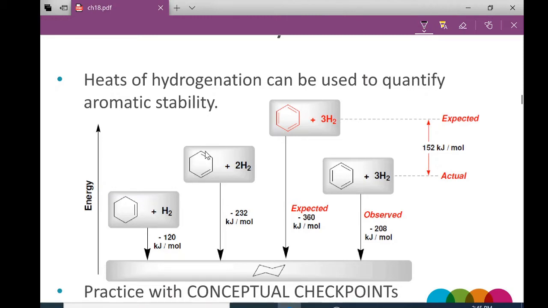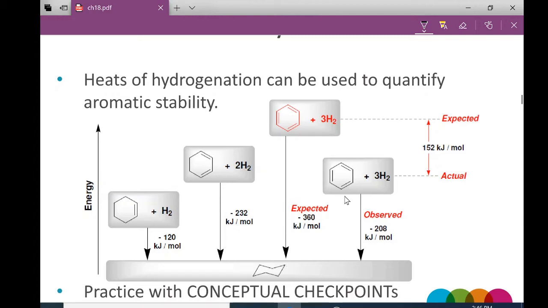If we have two double bonds, notice that these are conjugated, and we hydrogenate both of them, then we get out a little less than twice the energy that it takes to hydrogenate a single double bond, okay? So it would be 240 if it was double, but you see we get 232, so not quite double. We would theoretically get about 3 times the 120 for this theoretical molecule here, cyclohexatriene, and we would expect to get 360 kilojoules per mole out.